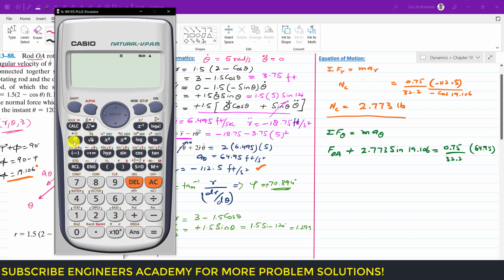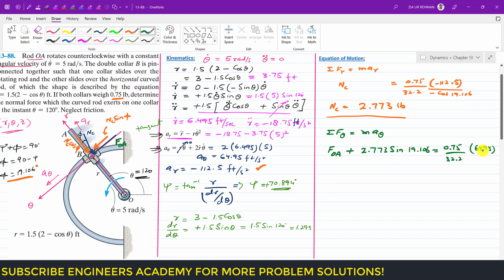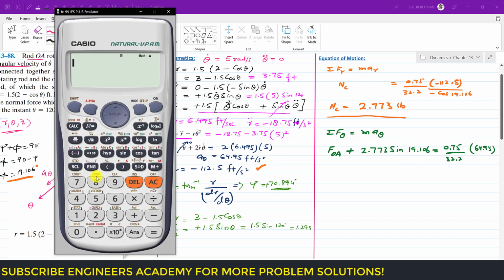So now we can find it. We can write F_OA will be equal to this thing minus this term, right? So I will do it directly in the calculator. This is 0.75 times 64.95 divided by 32.2 minus the sine component of NC, which is 2.773 sine of 19.106.